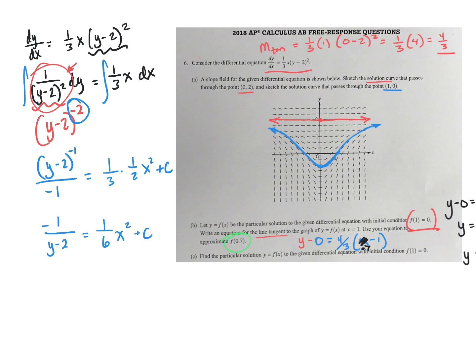Cool. Now I could solve for my c right here, but I'm just going to go ahead and wait till the end to worry about solving for c. Let's solve this for y. To do that, I'm going to change the signs. I don't need to worry about changing the sign of c. It's still some random number. I'm going to reciprocate.